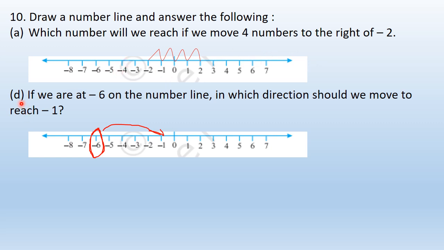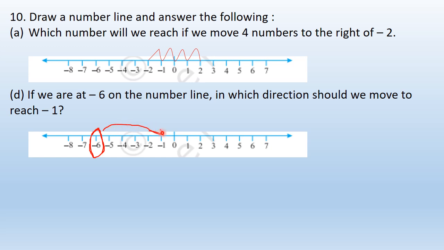Now question number D. If we are at minus 6 on the number line, in which direction should we move to reach minus 1? First of all, our position is minus 6. We have to reach minus 1.